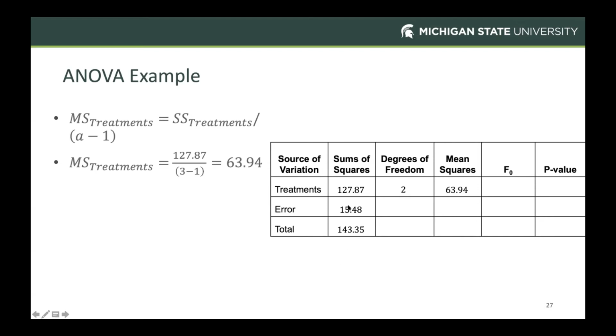So that's simply the ratio of our sum of squares divided by the degrees of freedom. Likewise, our error sum of squares is just going to be equal to 15.48, and the mean squared error is going to be equal to that quantity divided by N minus a, where in our case, capital N is 12. We have 3 groups, so there are 9 degrees of freedom. And that ratio is then 1.72.